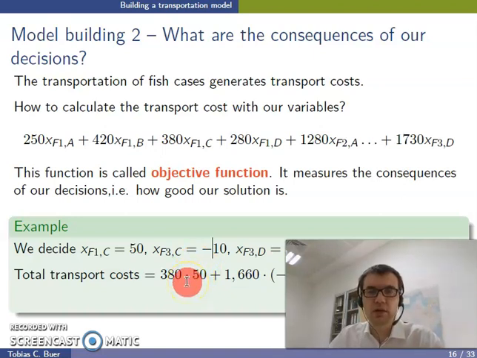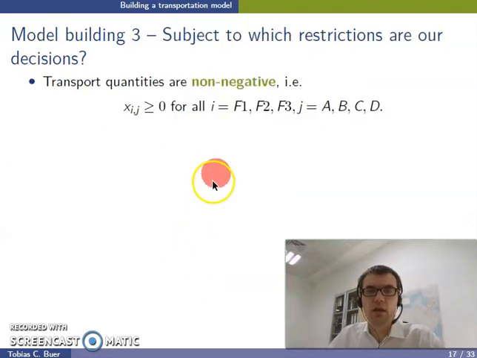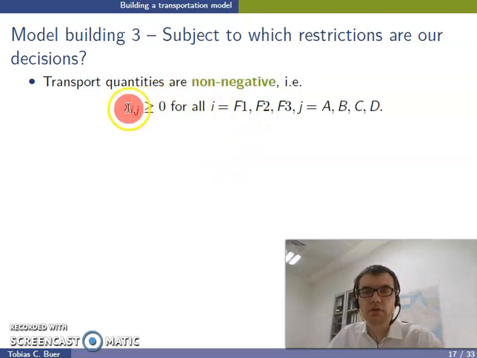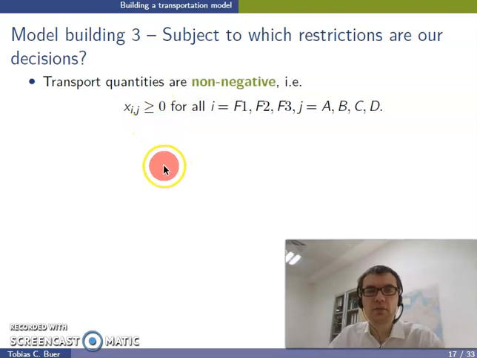So now how can we add these constraints? First of all, for all our 12 decision variables, we define that the values have to be 0 or bigger. Negative values are not allowed. So we use only non-negative decision variables.